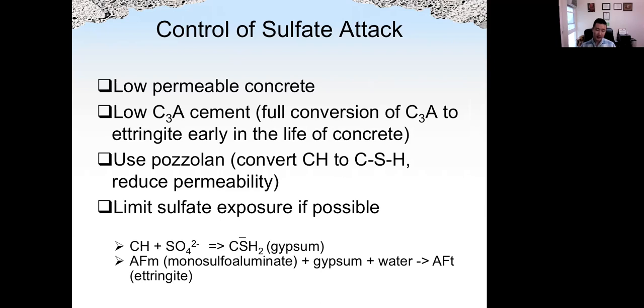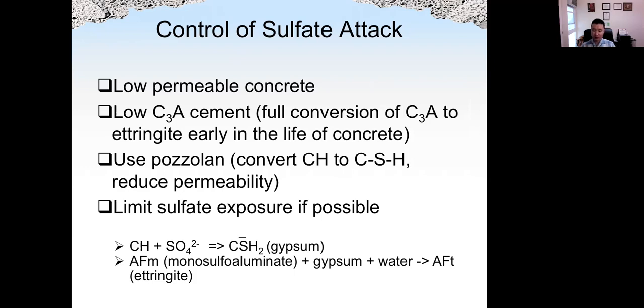We can also use low C3A cement. That's the classic method to reduce sulfate attack. That's how we produce type 2 and type 5 cement, right? By reducing the percentage of C3A.